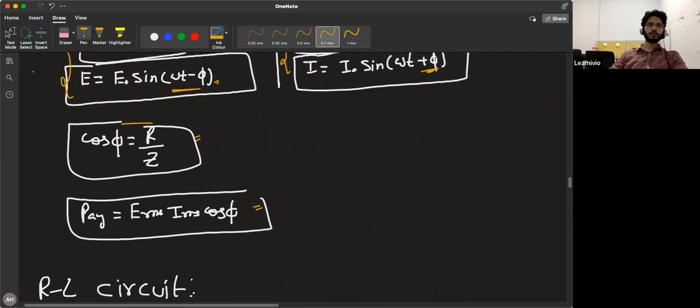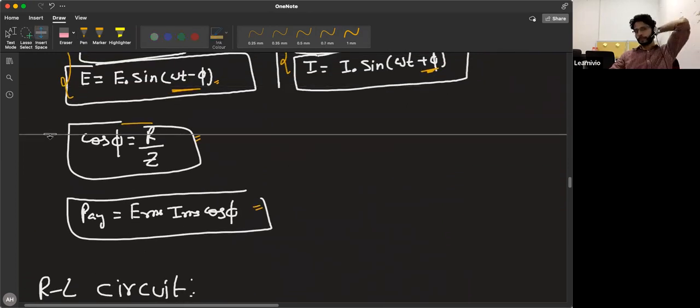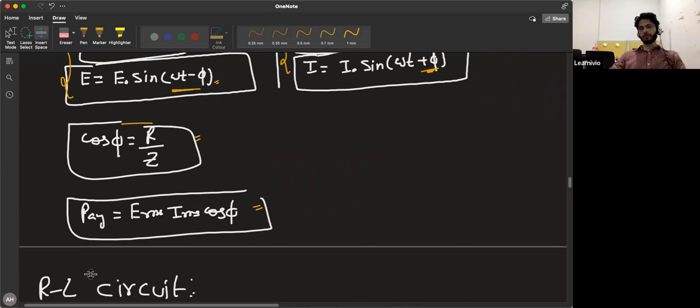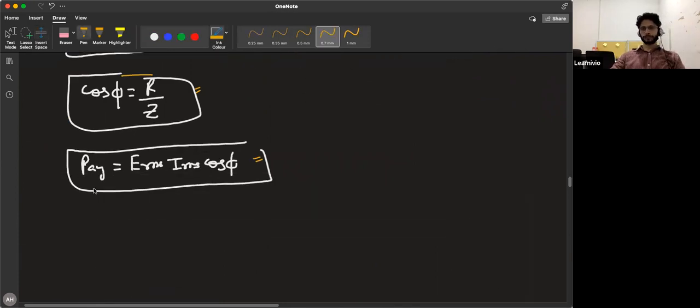Now let's do one small question on LCR circuit. Then we will do some RLC circuits.